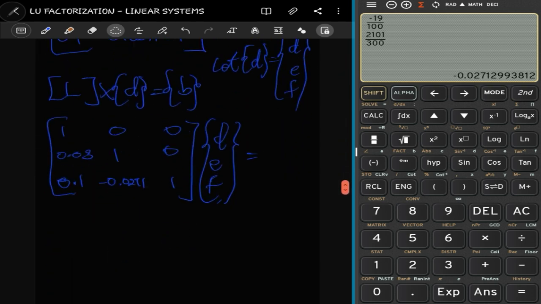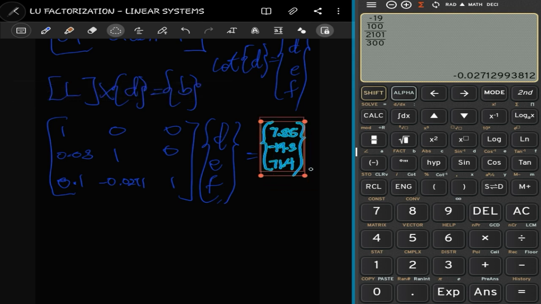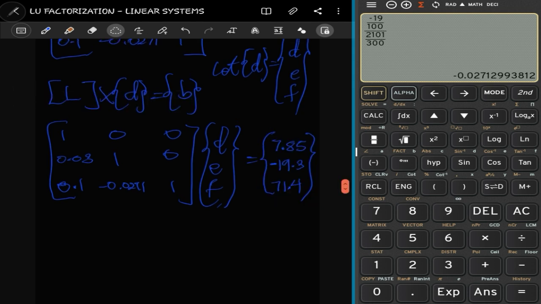That's the B. Now I'm putting it here straightforward. Okay, so this is our B. And the next thing is just to do a forward elimination.